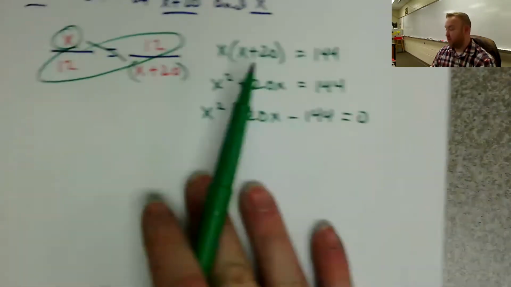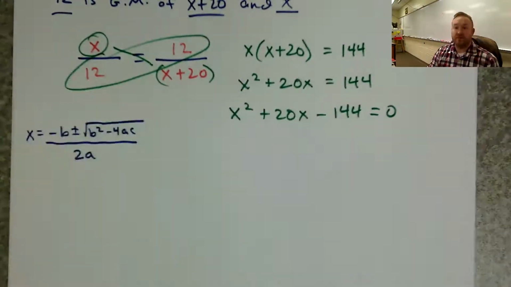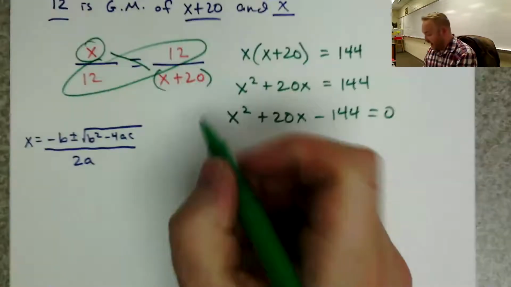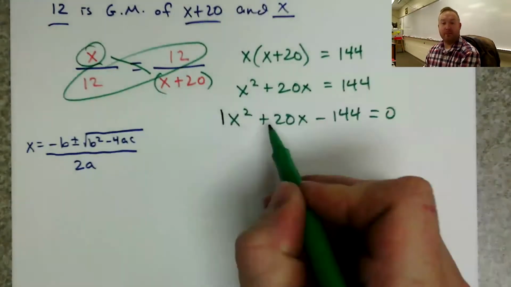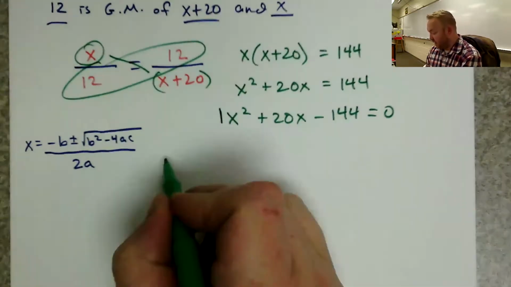There's lots of ways that we can solve it. One of them is to use our quadratic formula, and here that is. Boom, our quadratic formula, x equals negative b plus or minus the square root of b squared minus 4ac all over 2a. Let's do it. My a value here is 1, b is 20, c is negative 144. Here we go.